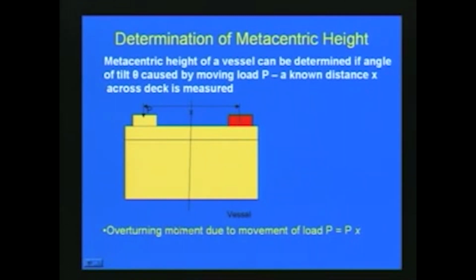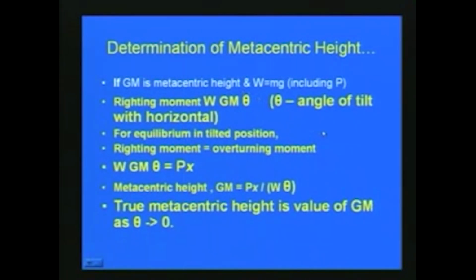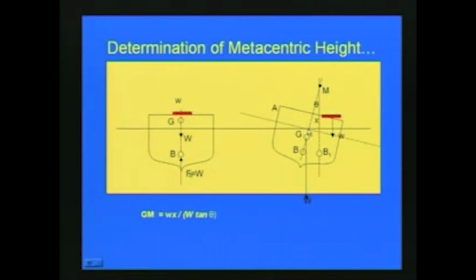In this case the overturning moment is due to the movement of the load P from one side to another, and if x is the distance from the old position to the new position, then the overturning moment due to the movement of the load P is equal to P into x. The next figure shows this more clearly, to determine the metacentric height. So this is the floating body and a small weight is placed.